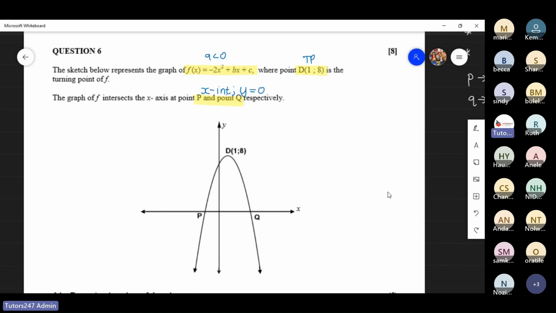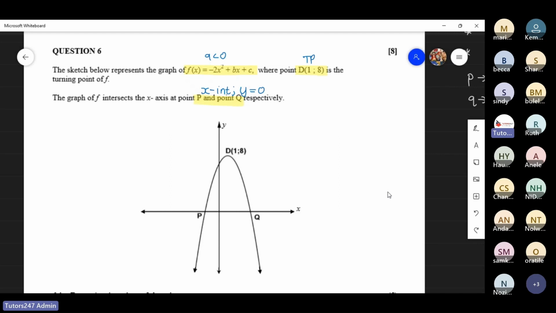Now, if you look at the second option that I gave you, which was A known and your turning point coordinate. If you look at your function that I've highlighted, f of x equals negative 2x squared plus bx plus c. You can see that the value of A is negative 2.